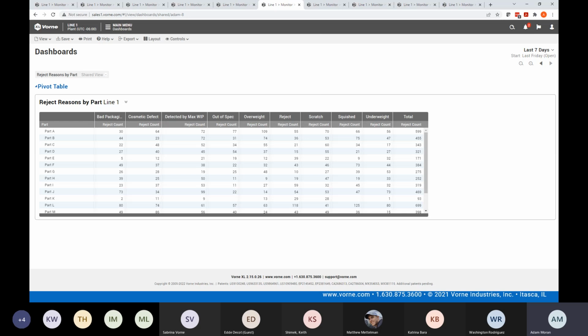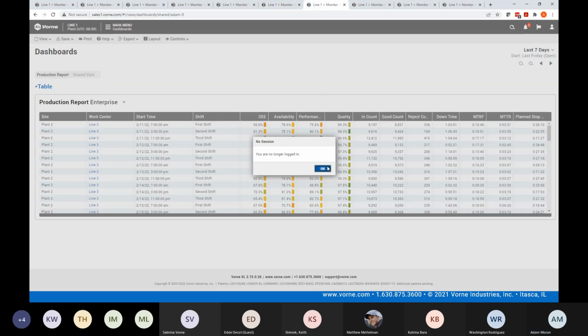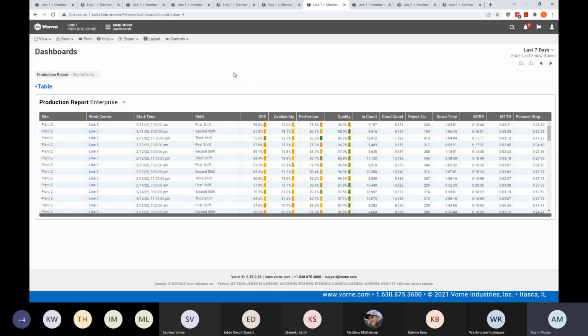So we're going to transition from reject reasons to an overall production report. And when we talk about an overall production report, we want to talk about a couple of different things, the primary one being the audience and the data view. We will often see a tremendous variation in production reports, because when you're creating a production report, the most important thing you need to start with is the strategy of the business.